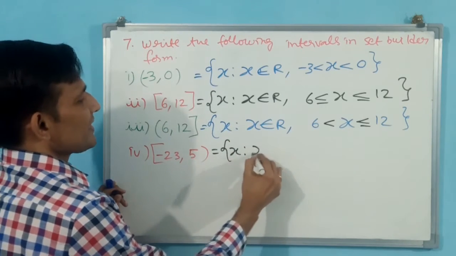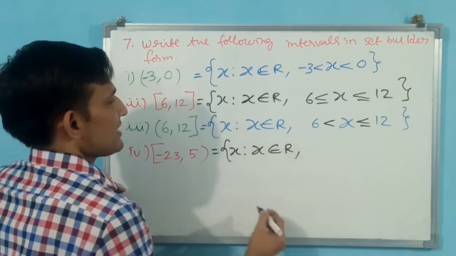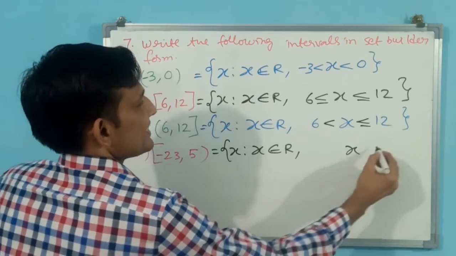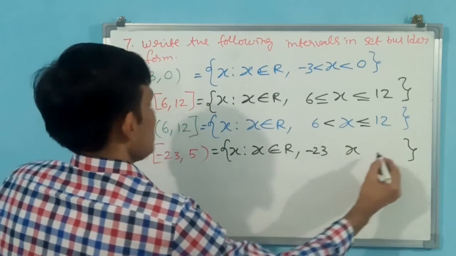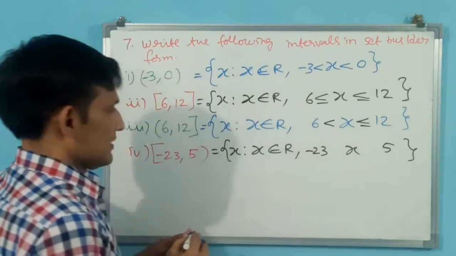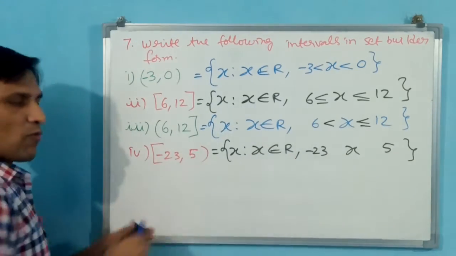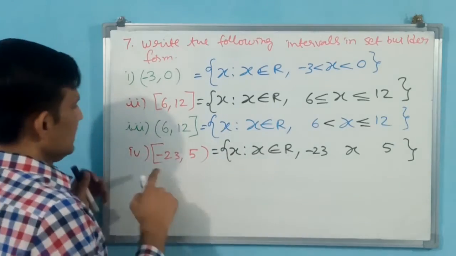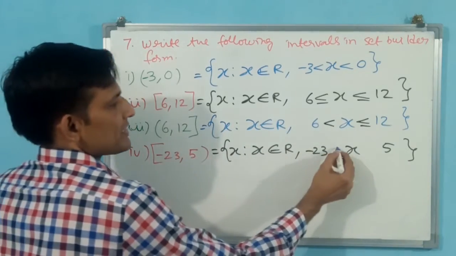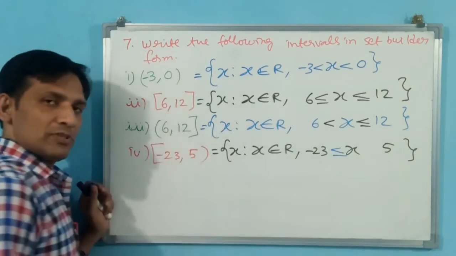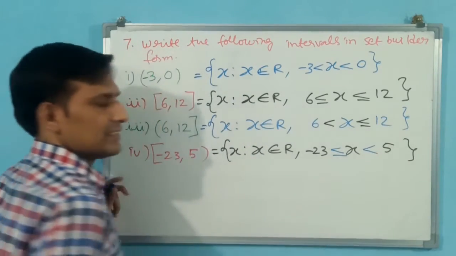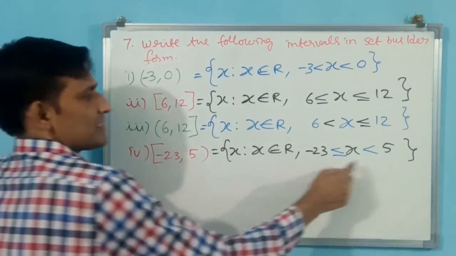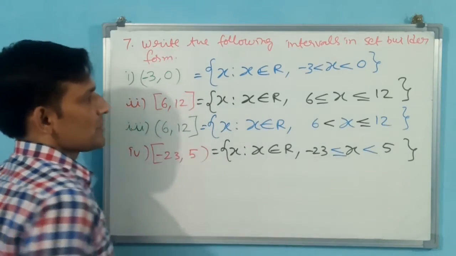For all values of x, x belongs to real numbers, x, minus 23, 5. Okay, minus 23, 5. Now we decide the symbols. Closed means the equal to symbol will come. Open means only less than. x is less than 5 but greater than minus 23.